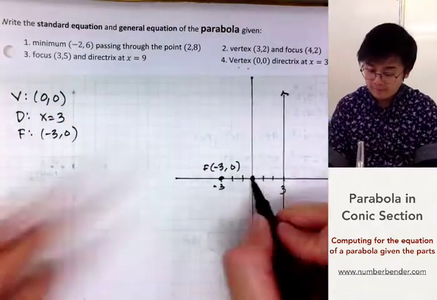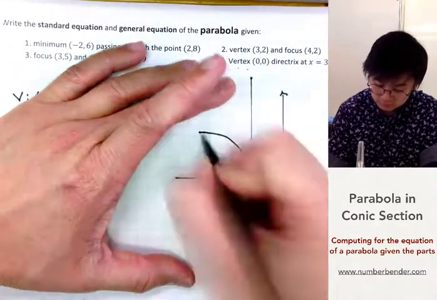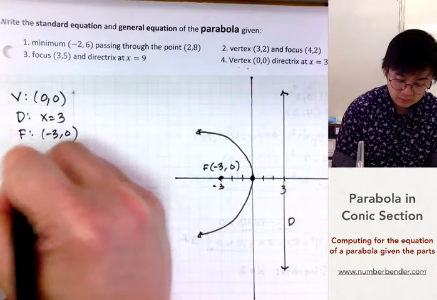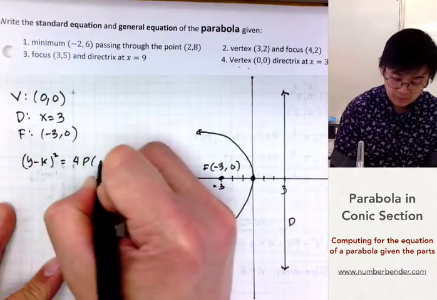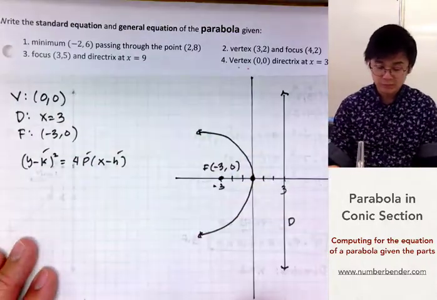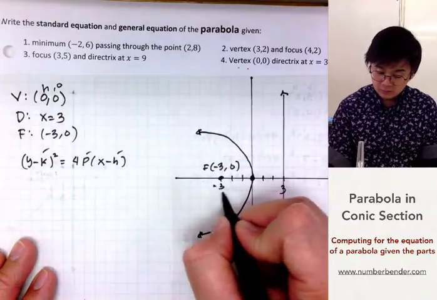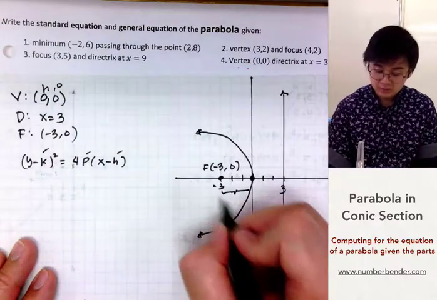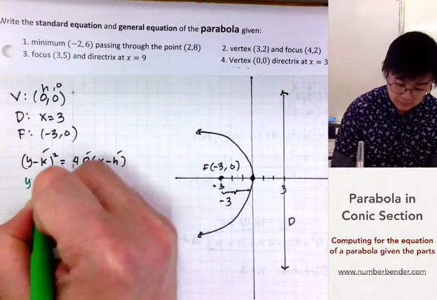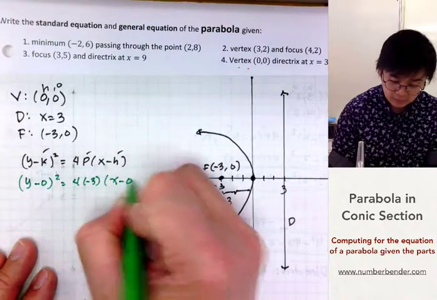So from our formula, since the parabola is opening to the left, we will use (y minus k) squared equals 4p(x minus h), where k, p, and h will be replaced by the vertex and the distance from the vertex to the focus, which is negative 3. So we'll have (y minus 0) squared equals 4 times negative 3, (x minus 0).